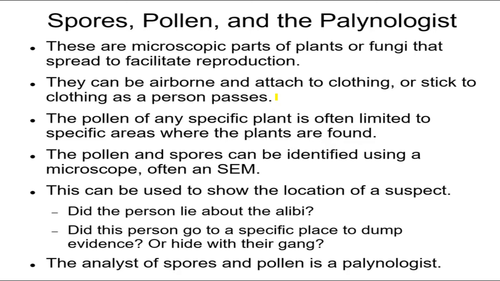Or let's say we have a known criminal, and he says that he worked alone, and we can see from the pollen on his clothing that he was in a clover field and not in a heather field. So we'd look for local clover fields to see if the rest of his gang might be hidden there. Again, there are many possibilities. The information comes from the pollen on his clothing, or maybe even in his hair.